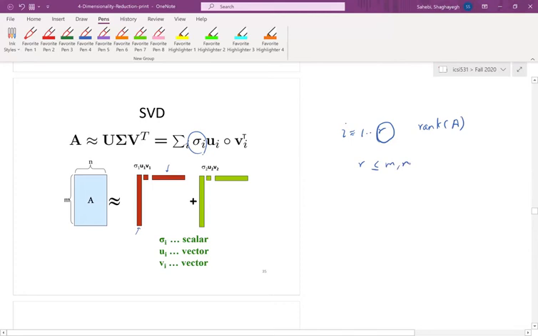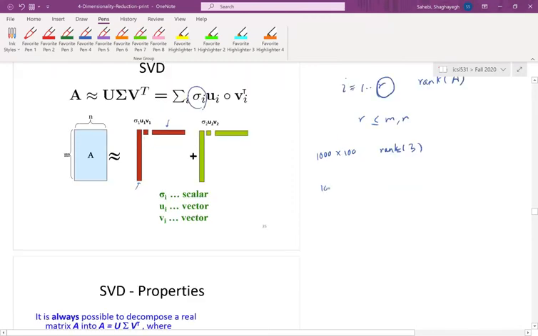So, for example, if we have a 1000 by 100 matrix, but the rank of this matrix is 2 or 3, so suppose that it is 3, then we can represent this matrix using a 1000 by 3 plus 3 by 3 plus 3 by 100 matrices.